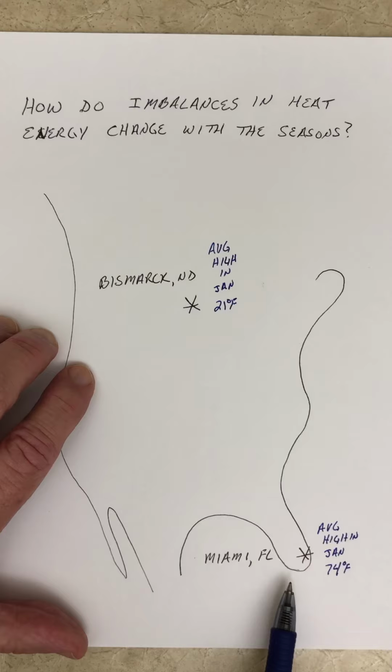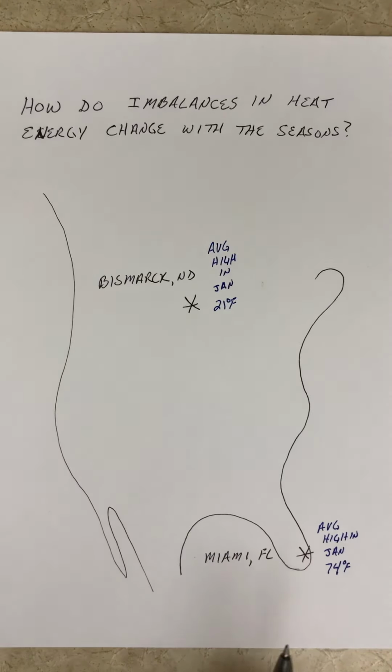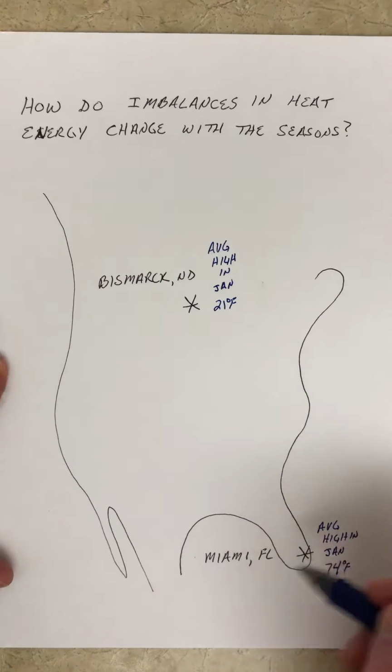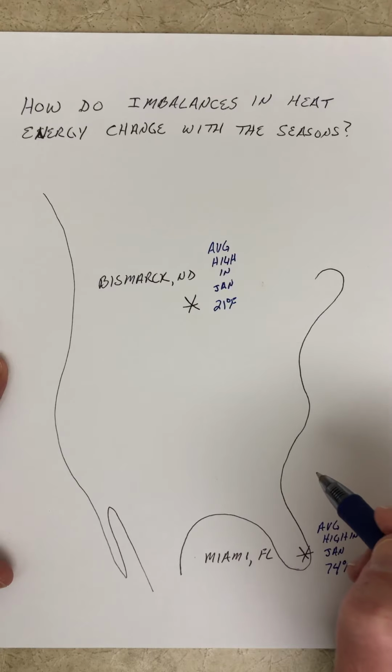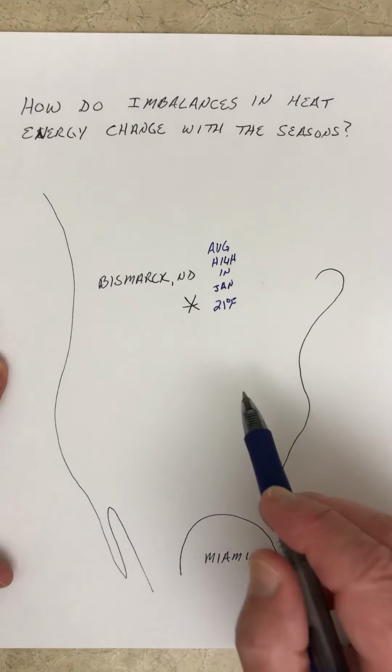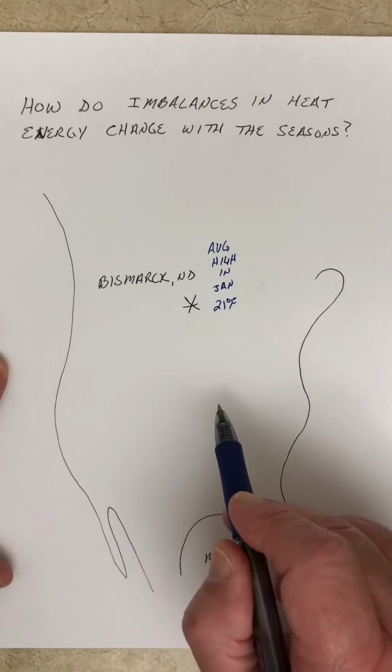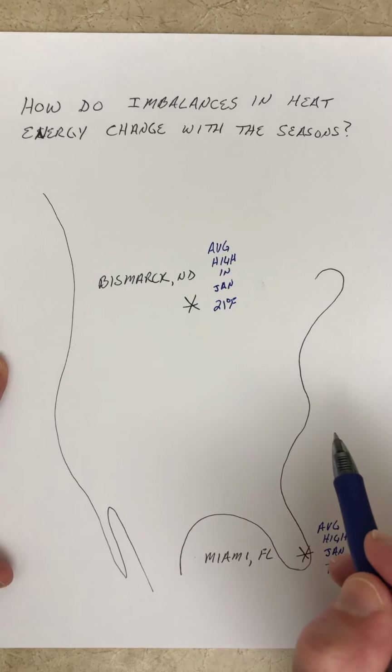and Miami in January. Okay, that's a pretty substantial temperature gradient, and with a pretty substantial temperature gradient, we will have a lot of heat energy being redistributed across the Earth's surface, and that's going to lead to very energetic weather in January.